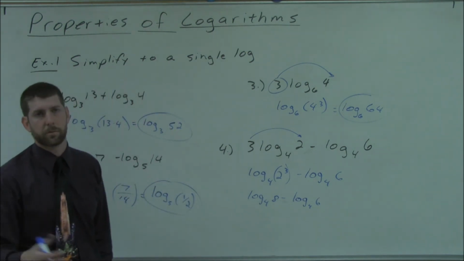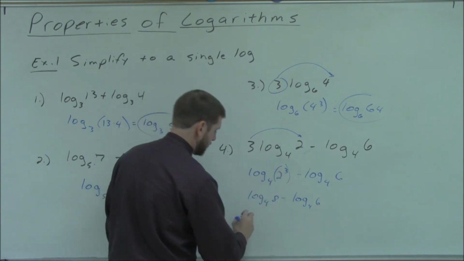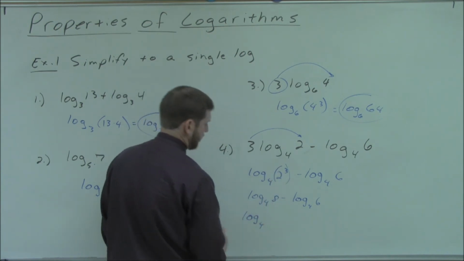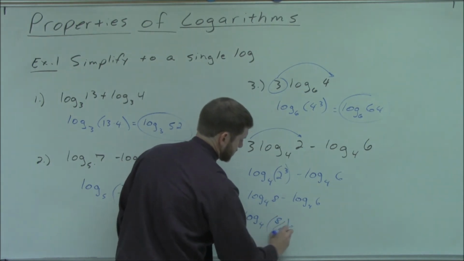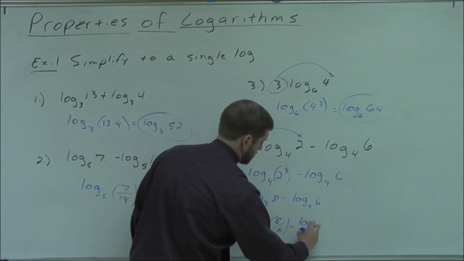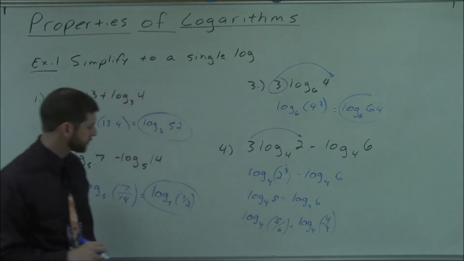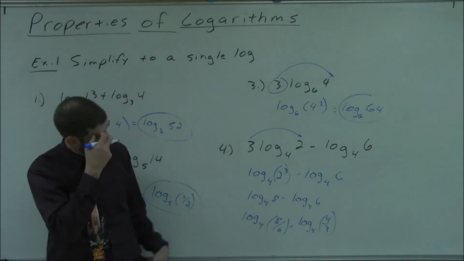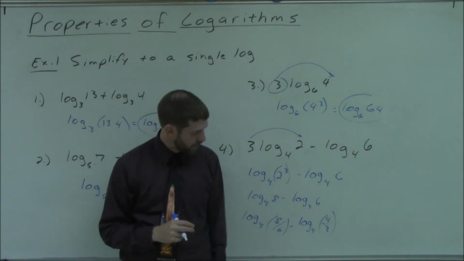Then you do your multiplication, division in whatever order they appear. We have a division right here. So that's log base 4 of 8 divided by 6, which is equal to, when we reduce it, 4 thirds.